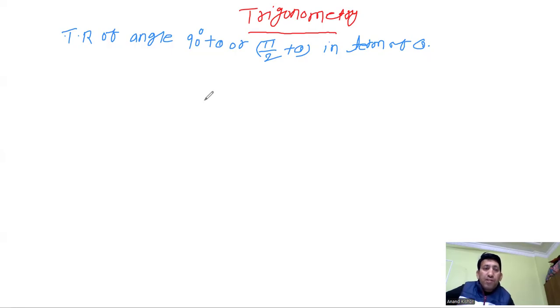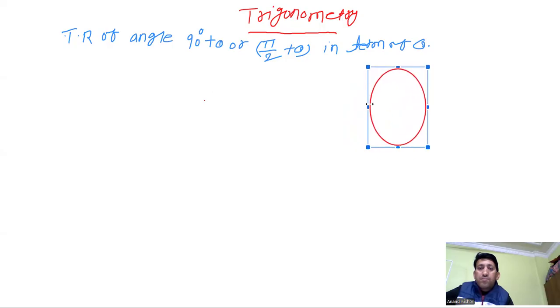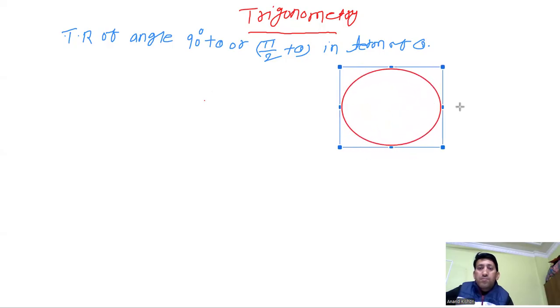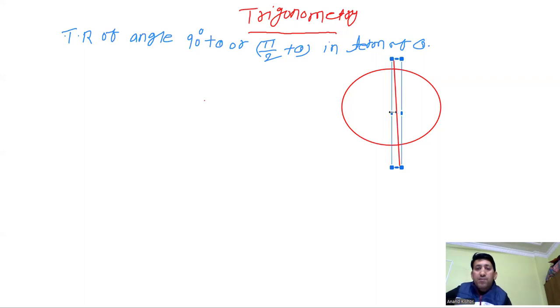First, we are going to take a circle here. Okay, this is the circle, and first see, this is the y-axis, this is the x-axis.